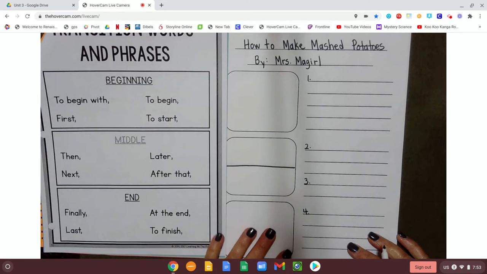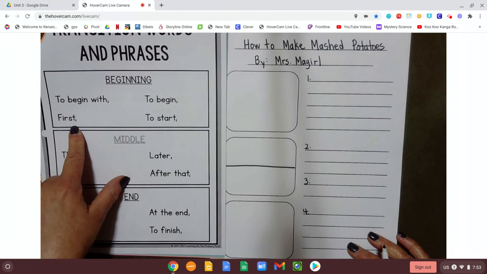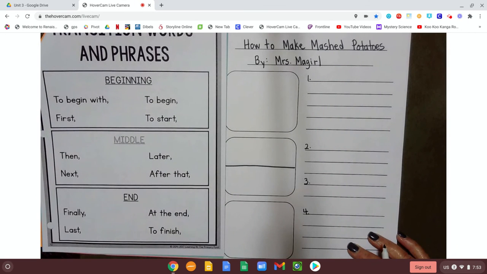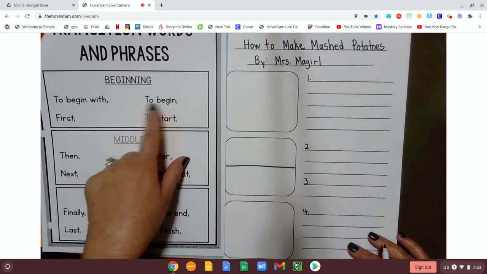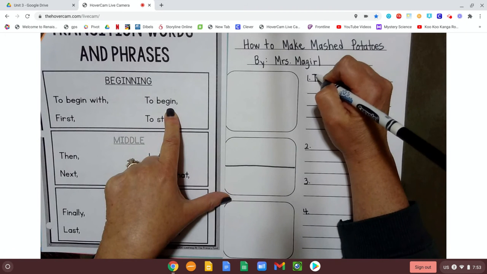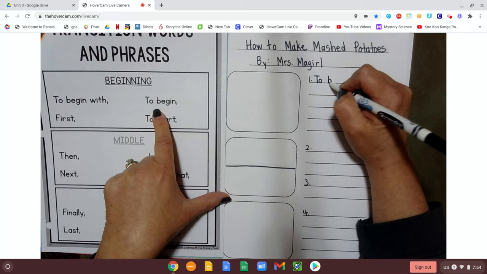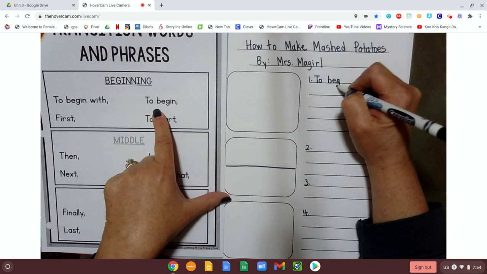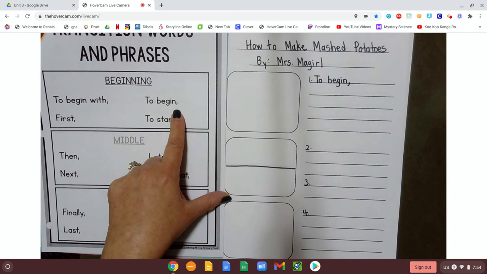Okay. Well, I know we've used the word first a lot in all of our writing. So I want to try something different today. I think I might use the phrase to begin. So all I'm going to do is write capital T, little o, and then begin. And the comma comes after the word begin.